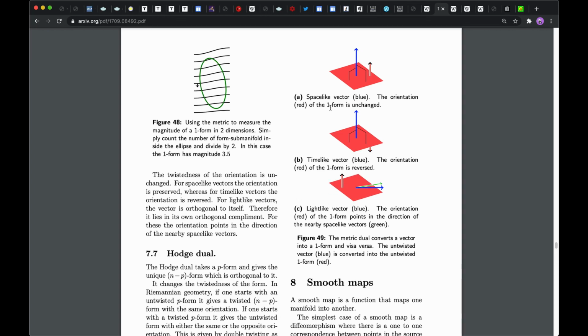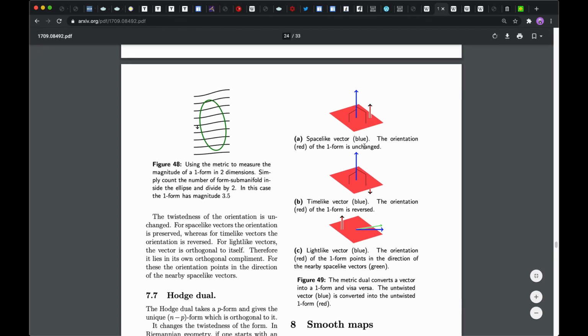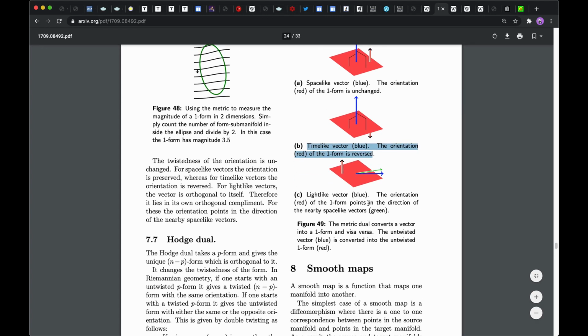For the space-like vector, which is blue here, the orientation of the one form is unchanged, so we just take the orthogonal complement, that's 3D space, which is right here. For the time-like vector, the orientation will be reversed. And for the light-like vector, the orientation of the red form points in the direction of the nearby space-like vectors, green.